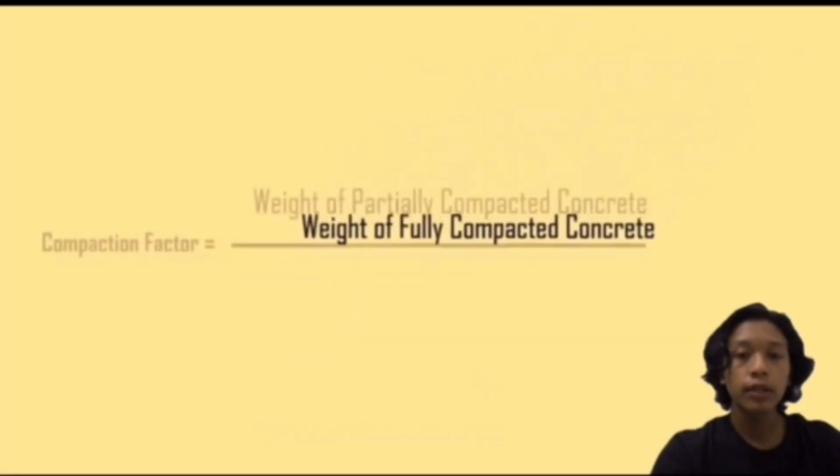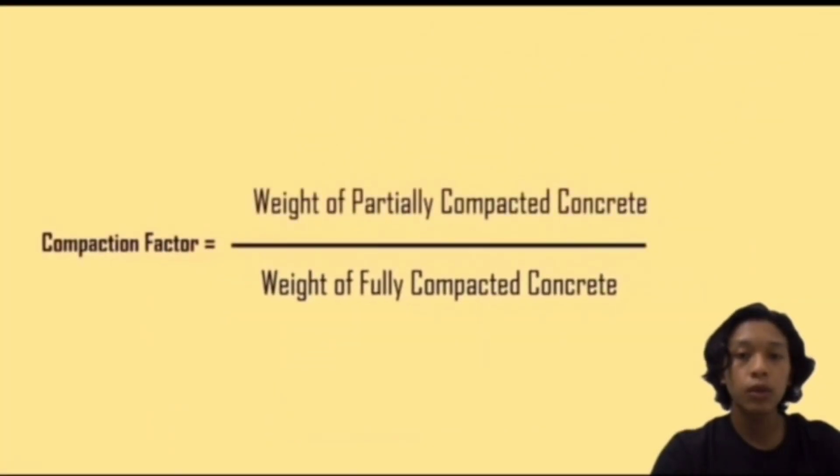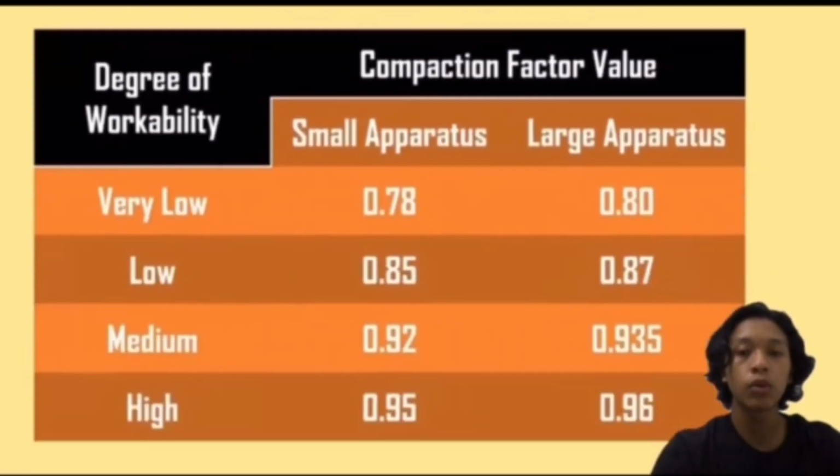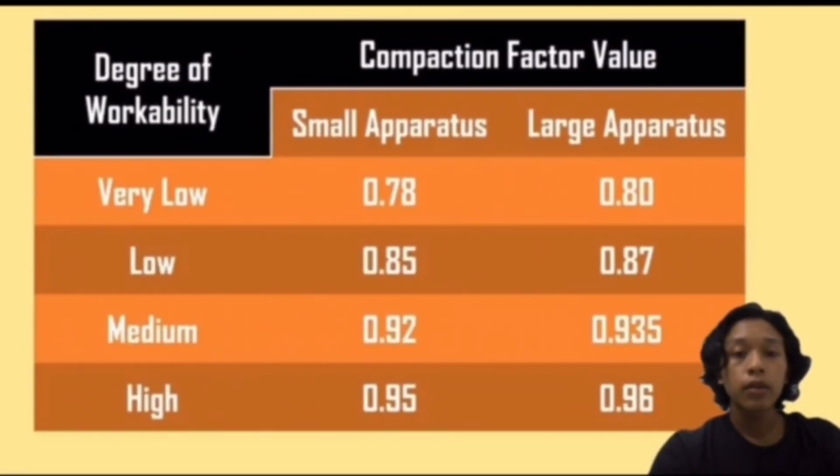And the formula is: compaction factor equals the ratio of the weight of partially compacted concrete to the weight of fully compacted concrete. That means (W2 minus W1) over (W3 minus W1). The compaction factor values range from 0.7 to 0.95.